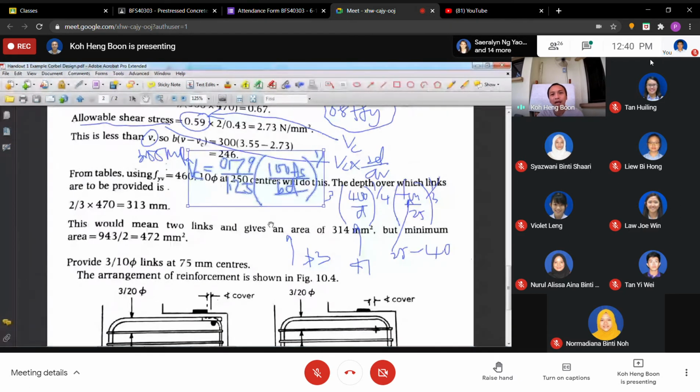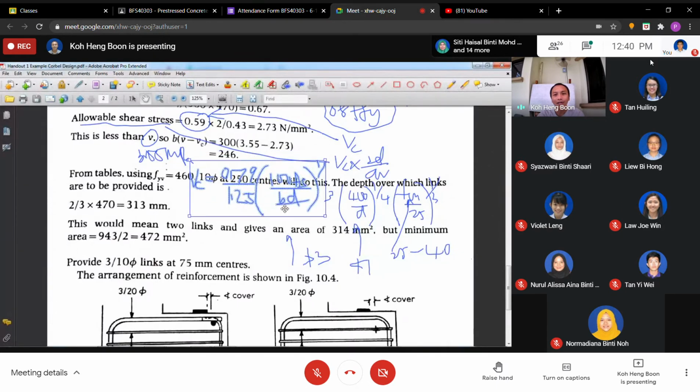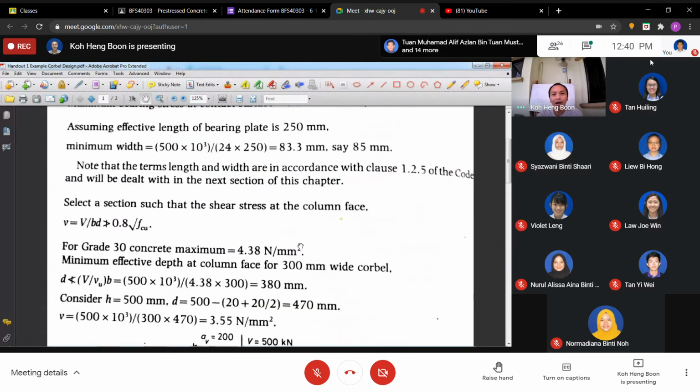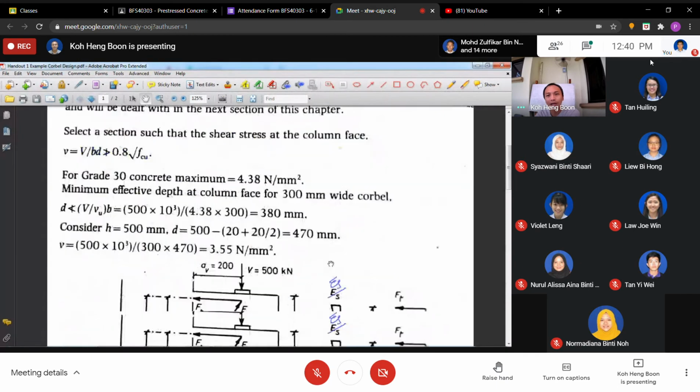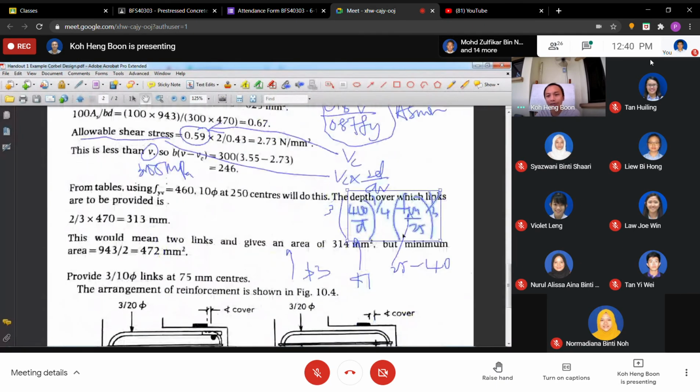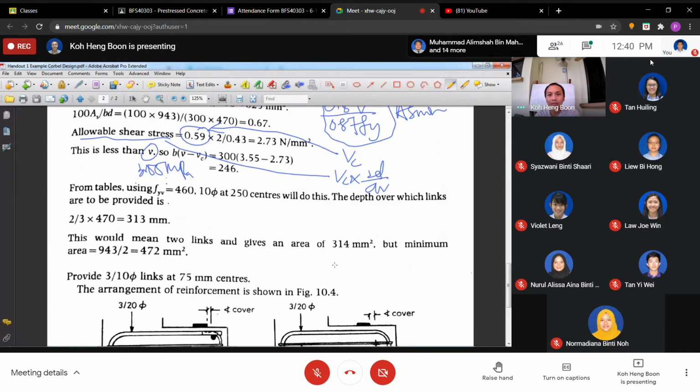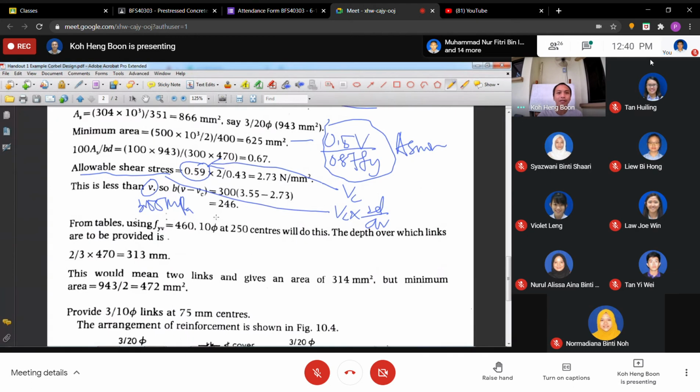So V minus VC here we get a value 246. After this one we see how.